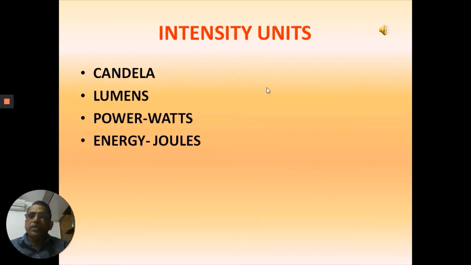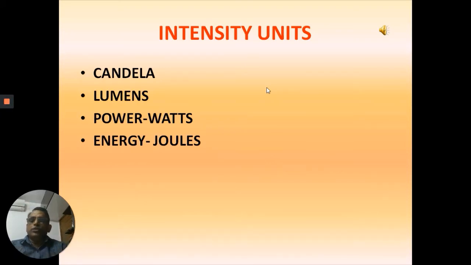And the other unit is lumens. Lumens is a common measurement. You always use it in your LCD projectors or home theater projectors. So you say how many lumens, 1000 lumens or 3000 lumens, 3500 lumens, and so on. This is nothing but the brightness of the light source that you are using. The unit they use is lumens.